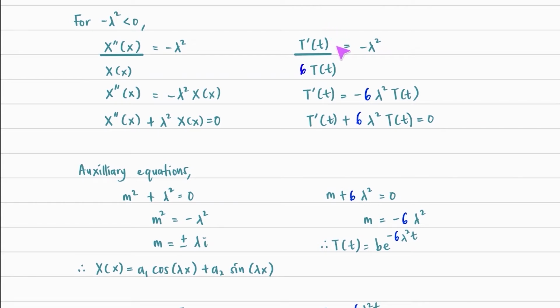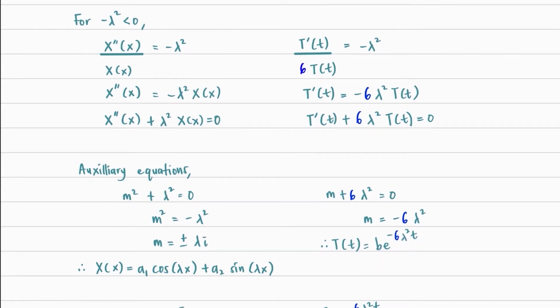And for the function of t, T'(t) divided by 6T(t) equal to negative lambda squared. Rearrange, it will be T'(t) plus 6 lambda squared T(t) equal to 0. Based on the auxiliary equation, m plus 6 lambda squared equal to 0, where m equal to negative 6 lambda squared, and therefore T(t) is equal to b exponent negative 6 lambda squared t.